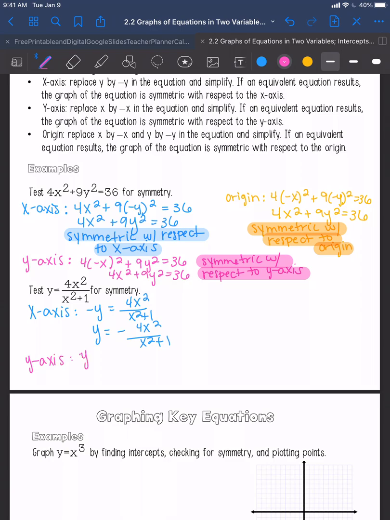For the y-axis, I'm going to use the opposite of x. And if I simplify that, I get y equals 4x squared over x squared plus 1. And that is the same as the original equation. So this equation is symmetric with respect to the y-axis.